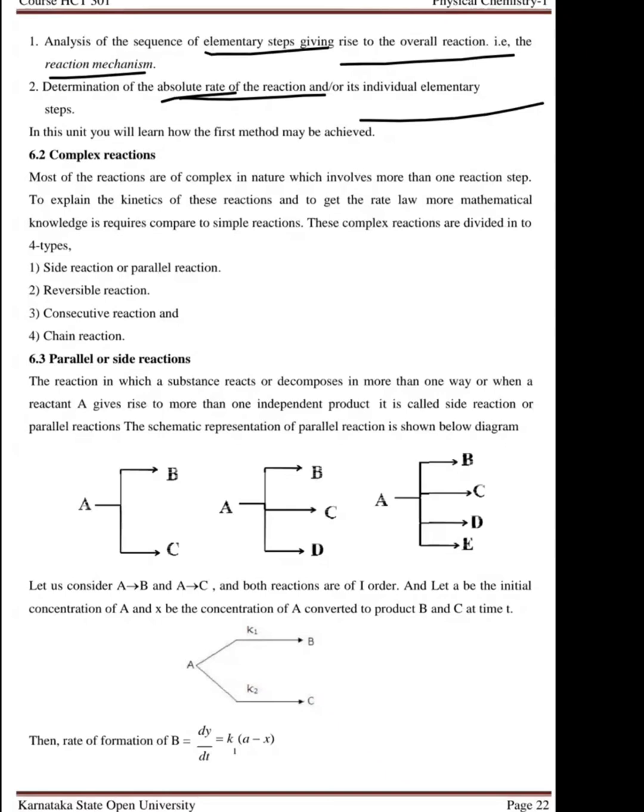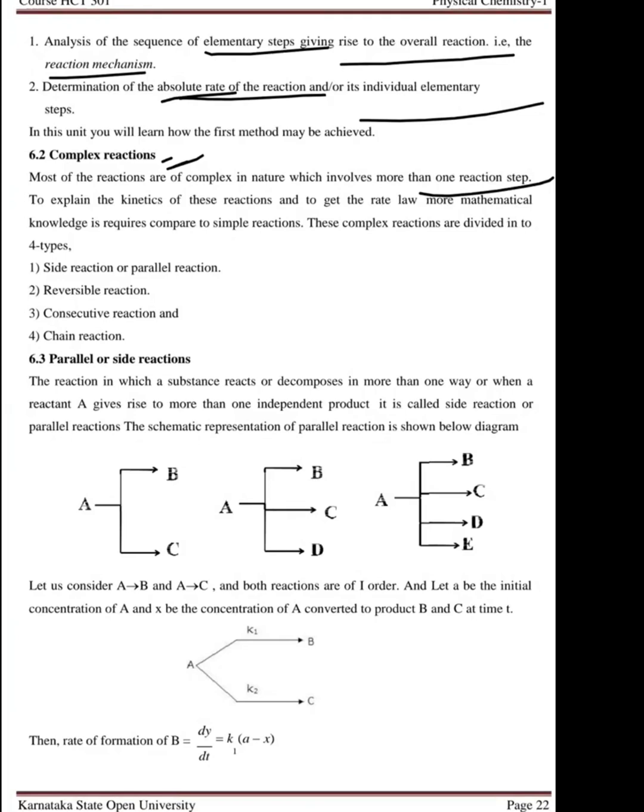Here the next topic is complex reaction. Most of the reactions are complex in nature, which involves more than one reaction step. So the reaction will have multiple steps, and this is known as complex reaction.